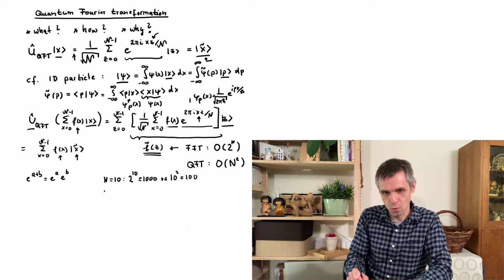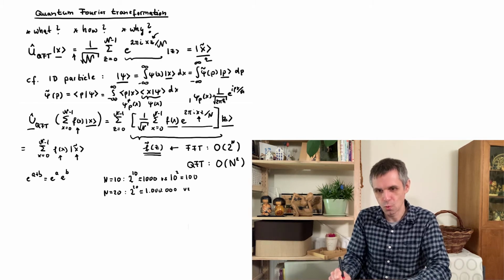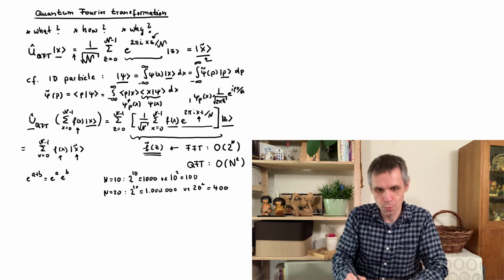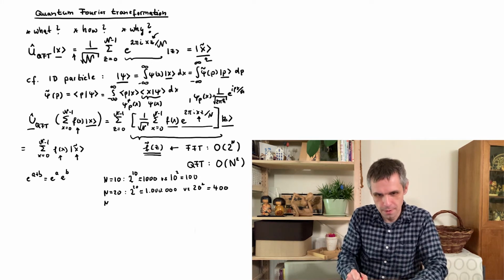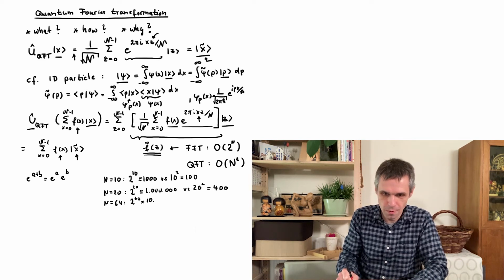But when we then go to 20 bits, we compare round about 1,000,000 to 20 squared, which is 400. Well, modern computers, for instance, work with 64 bits. And now 2 to the 64 is round about 10 to the 19. So let's try to write this down.